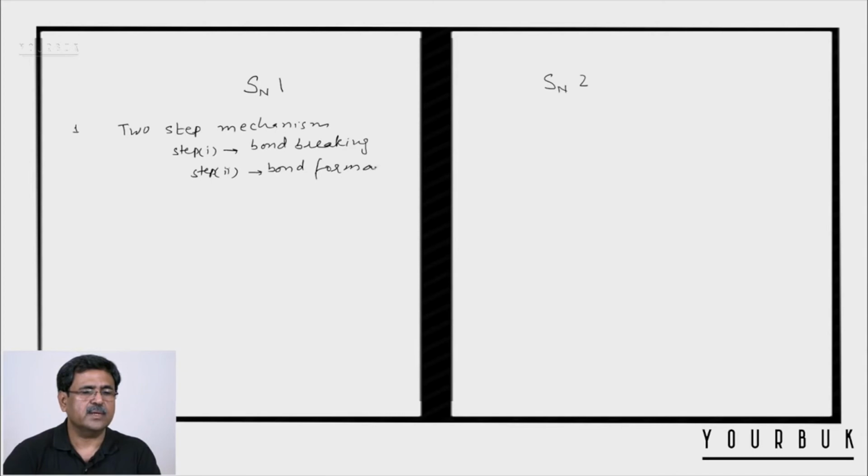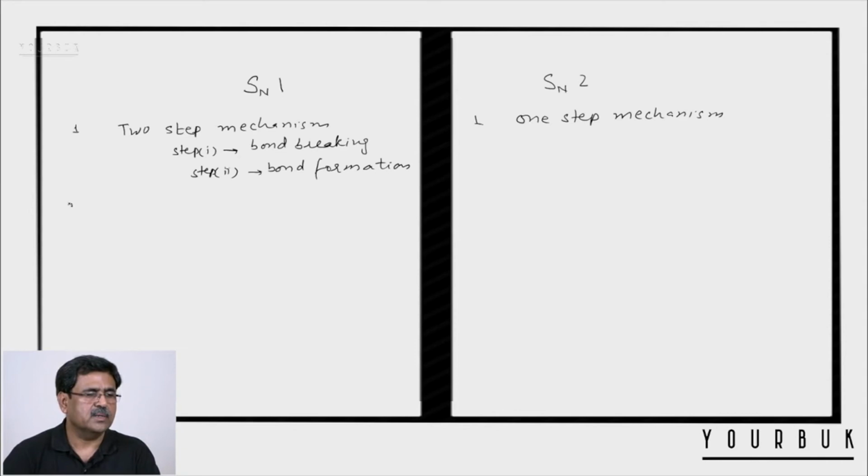So when we say it is SN1, it means there are two steps. When we say SN2, it means it is one step. So this is a one step mechanism, and bond formation and breaking both take place simultaneously.